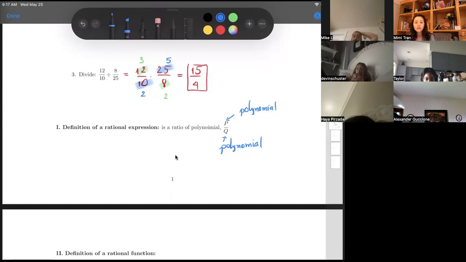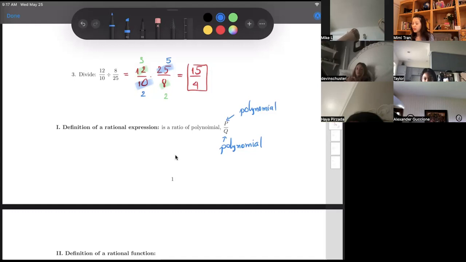Anyone? What is the other restriction I should set for Q? What else should I say about Q? I'll give you a hint. You cannot have this in the denominator. P is fine. P is on the top. I don't care about P. But then Q is a bit special.